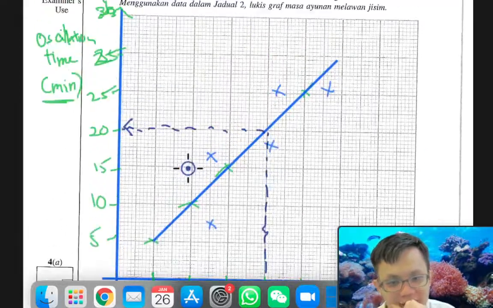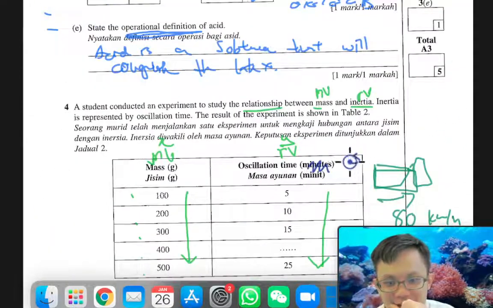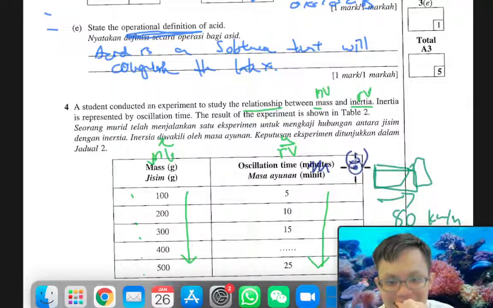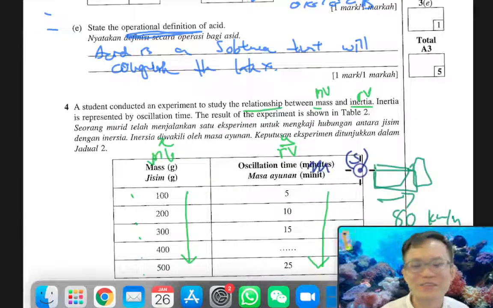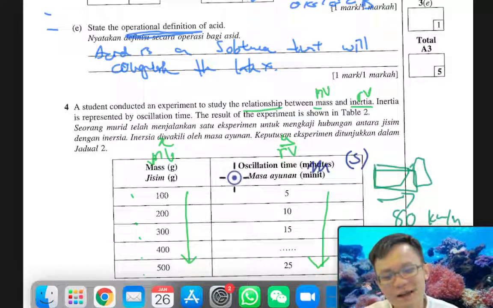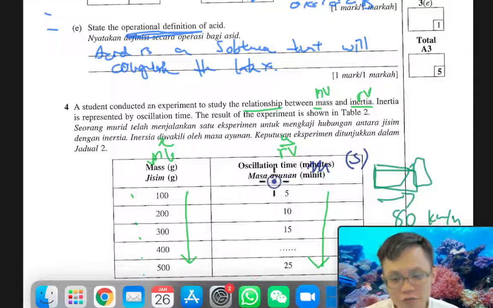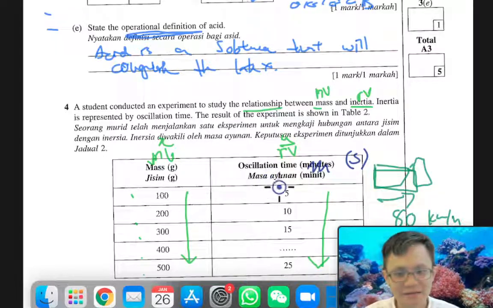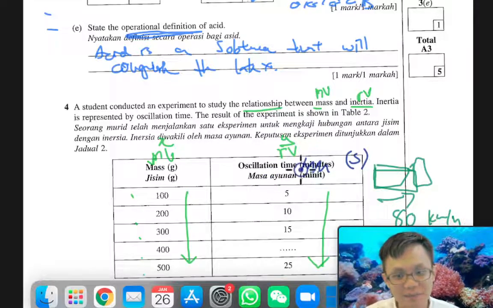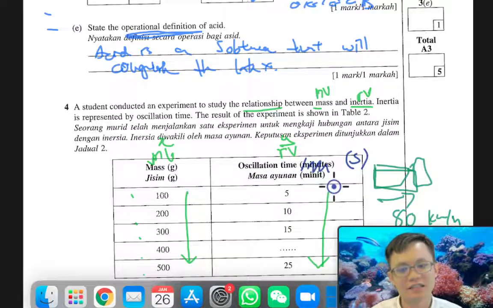Why? Because I think the question is written wrongly. I think this one will be second, because it doesn't make sense. You want the pendulum to swing for 10 minutes? Sometimes they ask for number of swings per minute. If you write per minute, it makes sense. Or the time is second, but it doesn't make sense when you say minute.